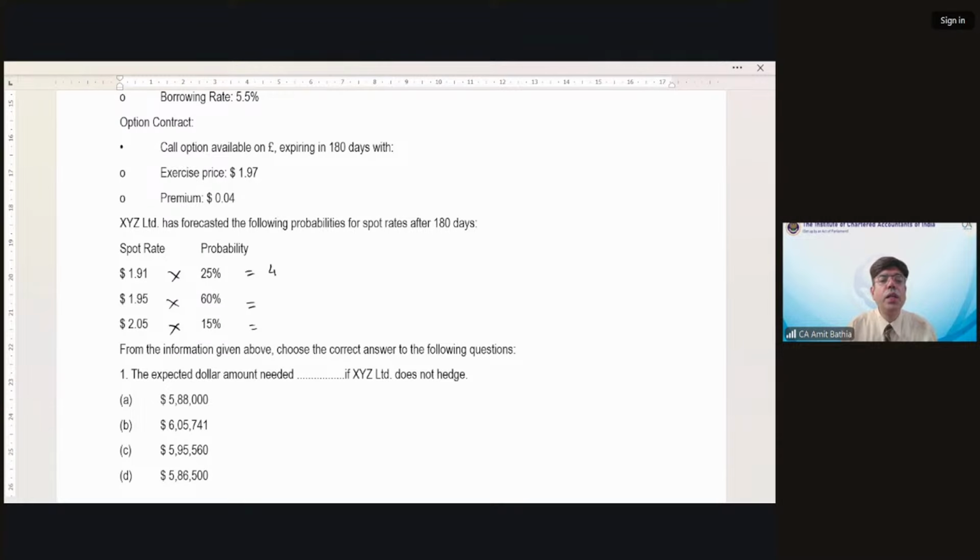Let me calculate that. 1.91 into 0.25. So that comes to 0.4775.